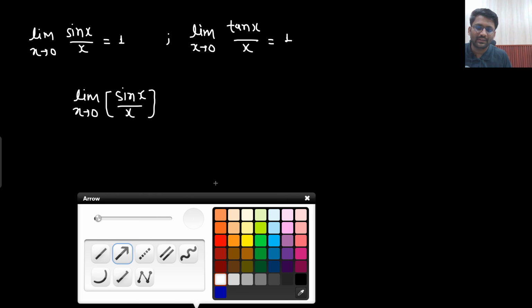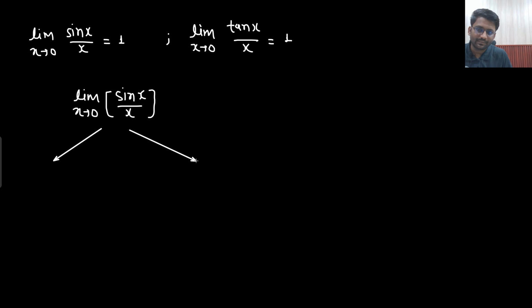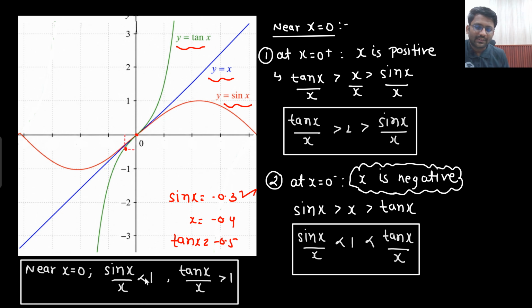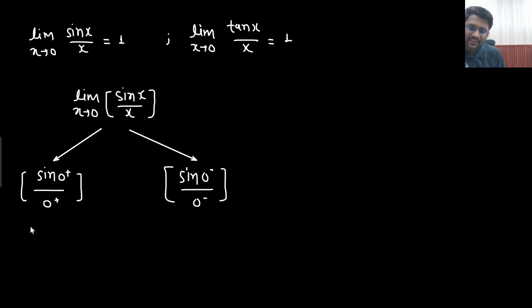Now they are asking us two things. Let me know this value: the greatest integer of sin x by x as x tends to 0 plus, and also as x tends to 0 minus. You know that this value is somewhat lesser than 1, like 0.999999 something.